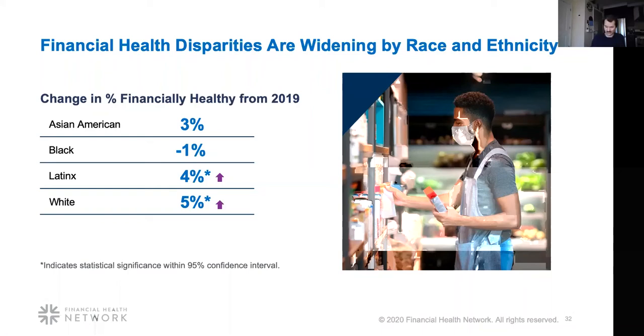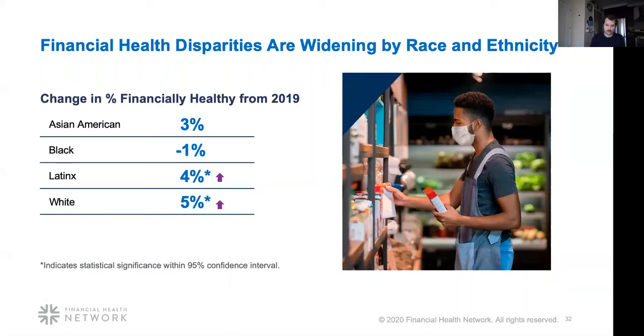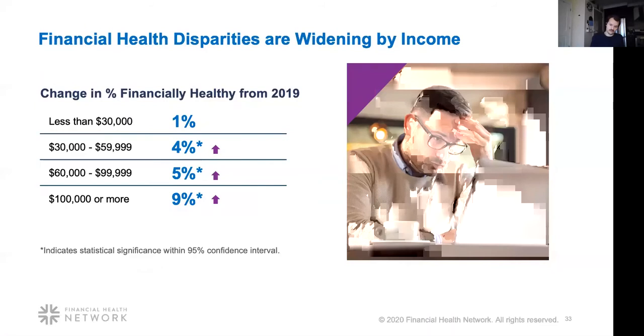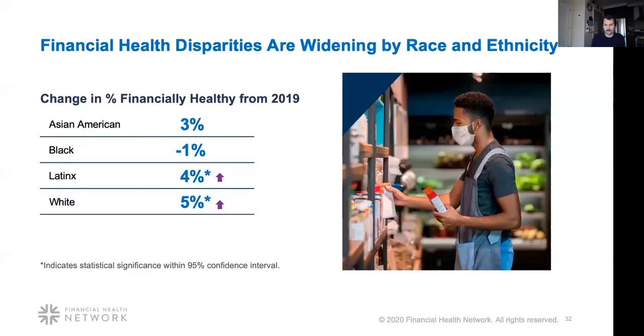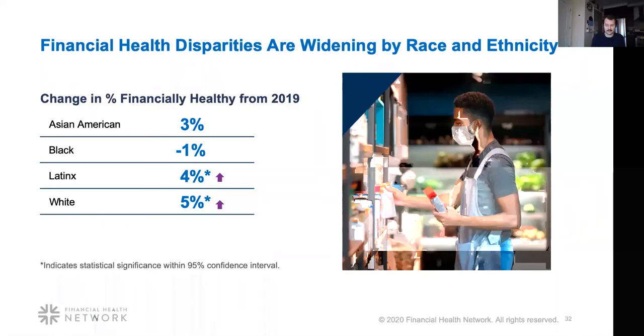Black individuals already were less likely to be financially healthy in our data set and saw no change, where white individuals were more likely to be financially healthy in 2019, saw increases in the proportion of them who are financially healthy. And again, some of these trends existed prior to COVID-19, but we believe they've been exacerbated by the COVID-19 pandemic and other existing trends.